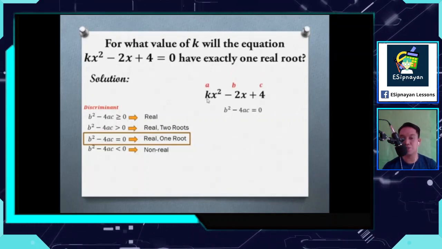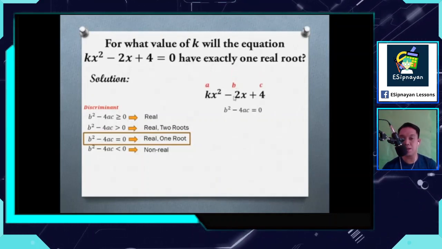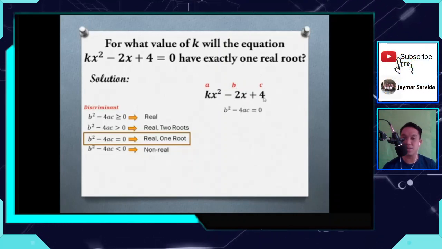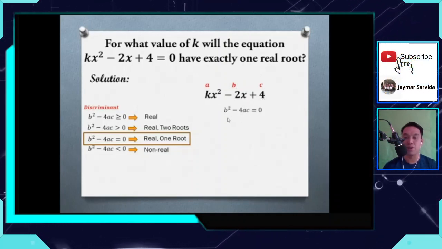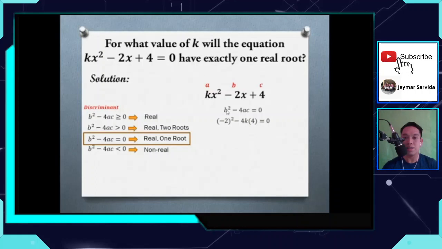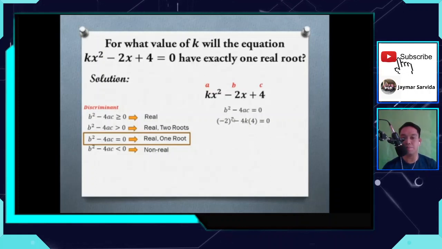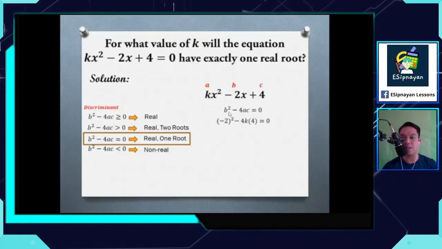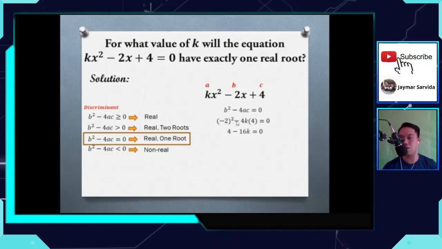So substitute the given values. a is k, b is negative 2, and c is 4. Okay, so substitute. That will become negative 2 squared minus 4 times k times 4 equals 0. Simplify it further, that will become 4 minus 16k equals 0.